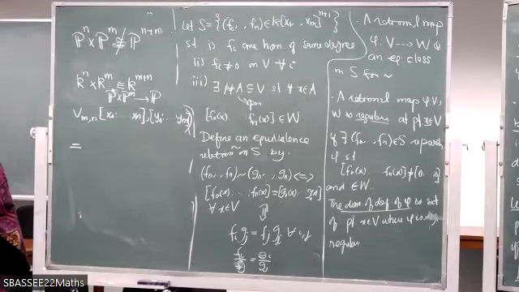We take a product of each coordinate. Product of all coordinates? Yes. Okay, so this is one of the ideas. We can take all possible products corresponding to these coordinates.